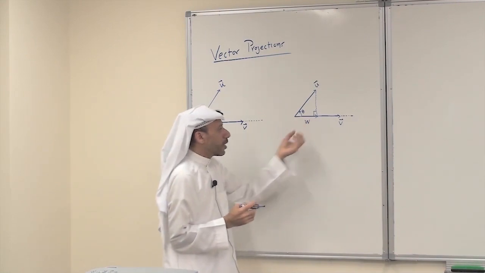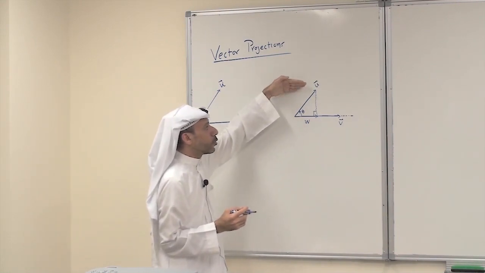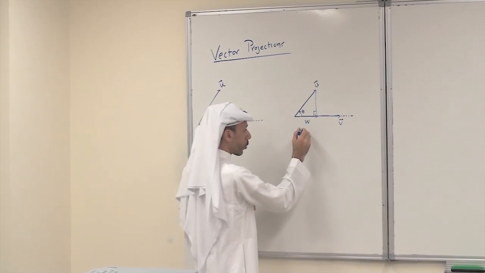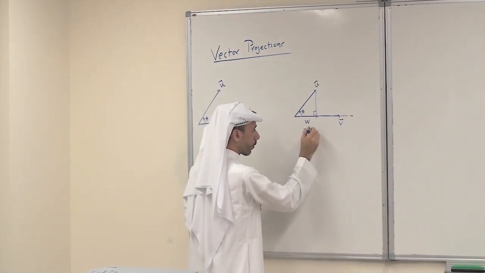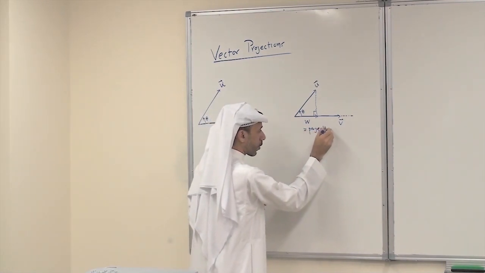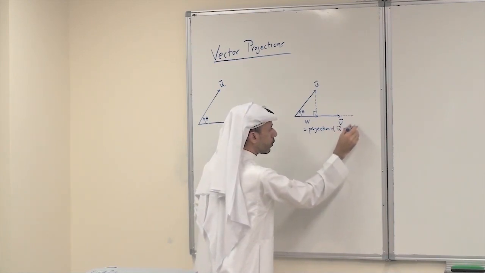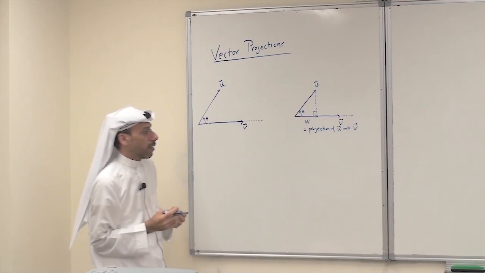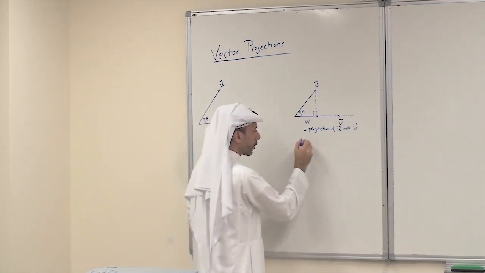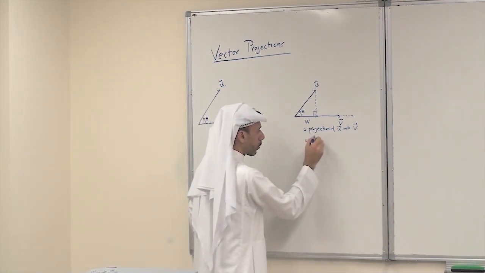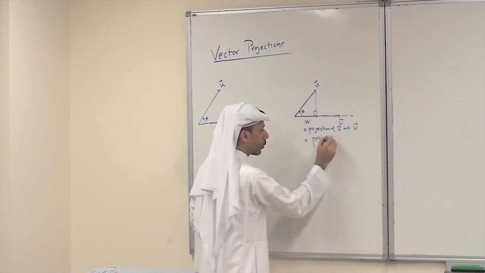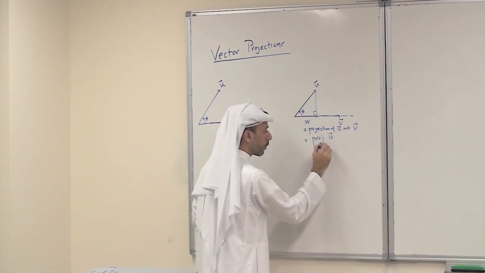This vector w is called the projection of u onto v. The notation for this is proj of u onto v.